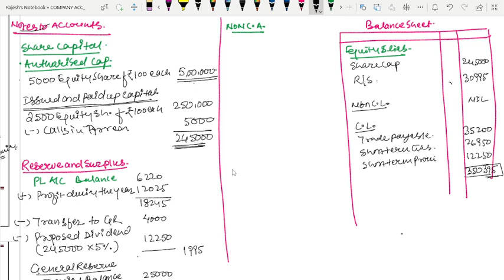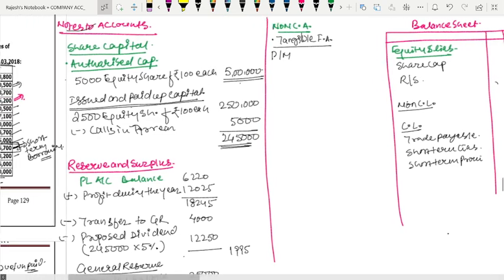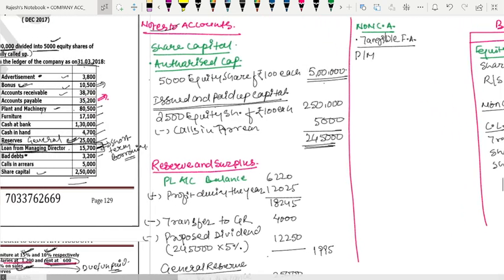Okay. Now, asset side. What are the assets? First is tangible fixed assets. Plant and machinery, 58,000, if I am not wrong. No. Plant and machinery.